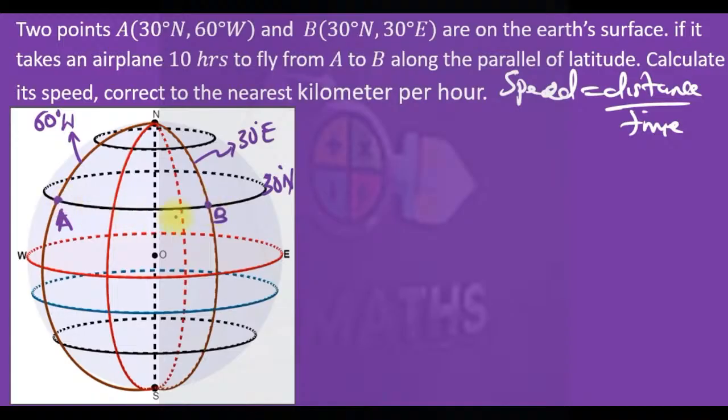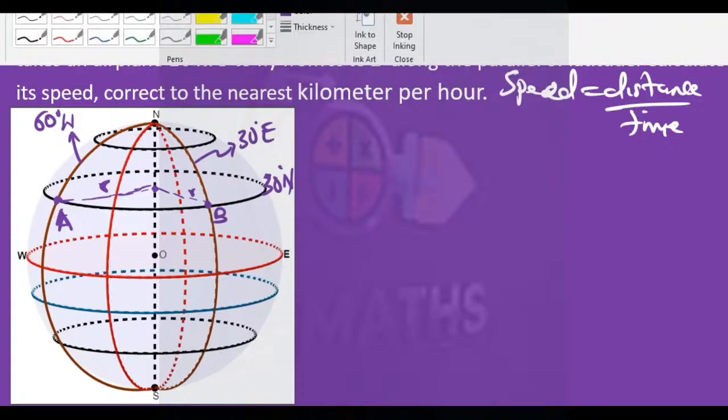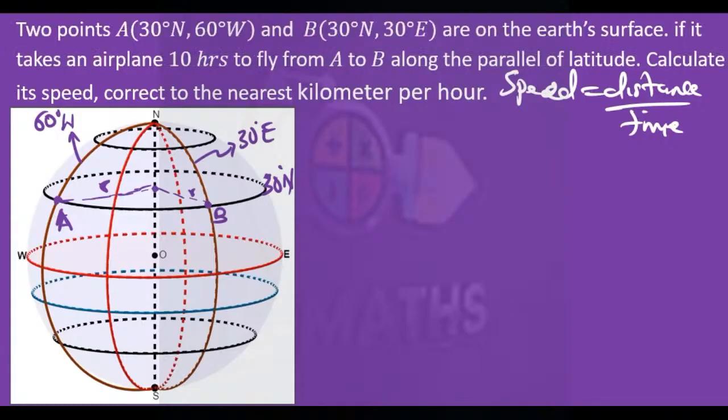So we want to get this length. As you can see, this is the middle of this circle, so the radius we are going to use here is the same small r. Let me just draw.